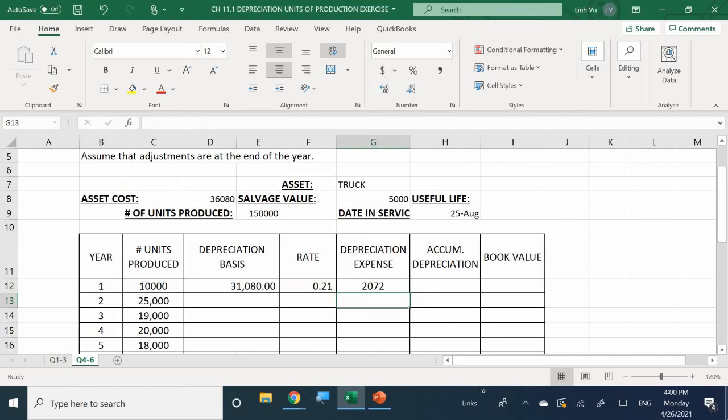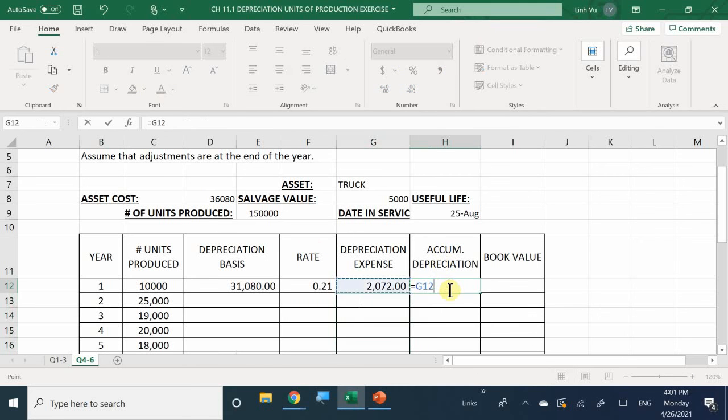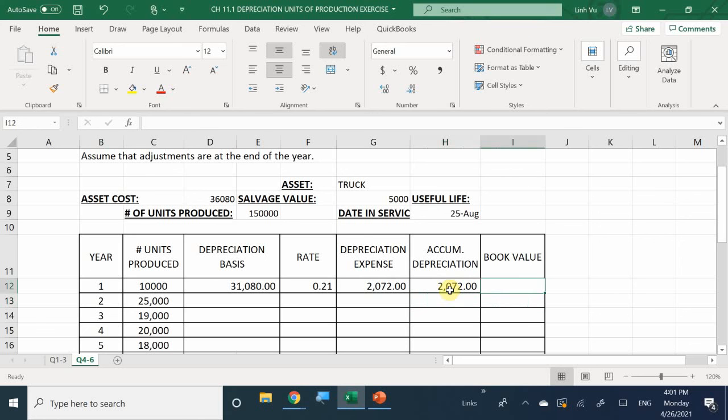So then what is my accumulated depreciation? The 2,072 again. Perfect, yes, because we don't have a previous accumulated depreciation, so it should be the 2,072. So therefore, what's going to be my book value? $34,008.